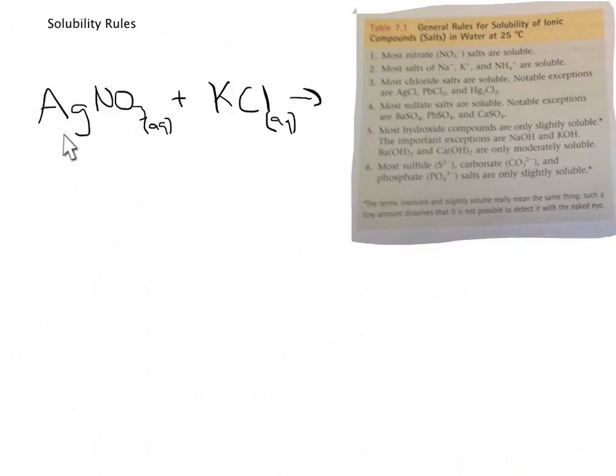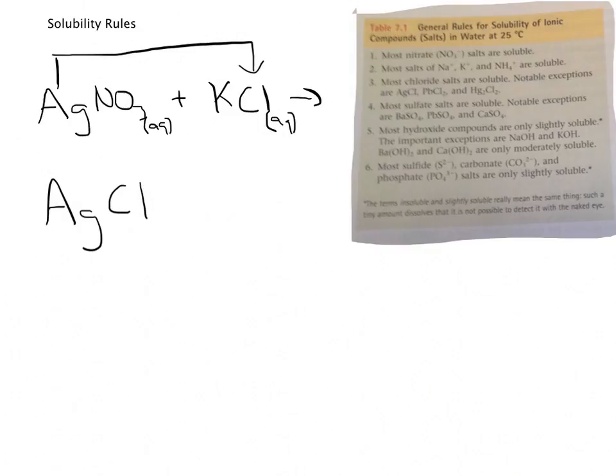Anytime you have two aqueous compounds as your reactants, you need to determine what the solid compound could be. We talked about this in the last video, but let me show you a shortcut. The two possibilities for the new compound are: if you take the cation here and combine it with the anion there, we get AgCl.